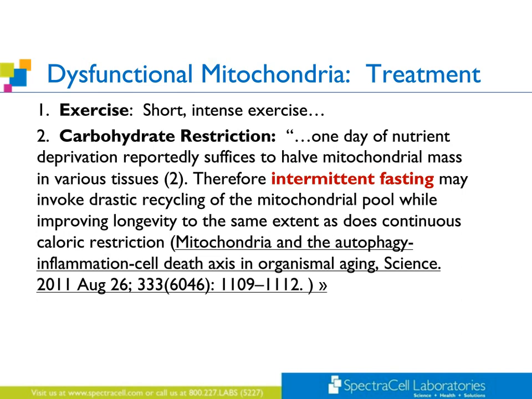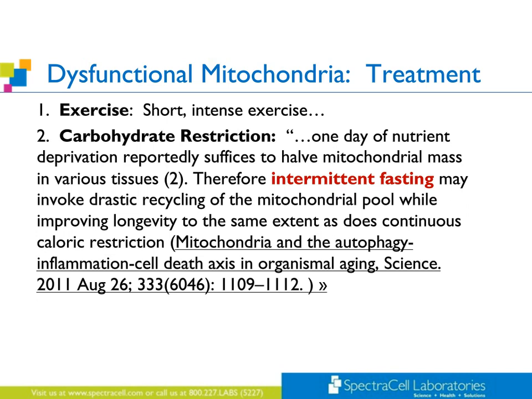That's an amazing statement, that by fasting you can decrease your dysfunctional mitochondria by half. And intermittent fasting may invoke drastic recycling of the mitochondrial pool while improving longevity, even more so than continuous caloric restriction.